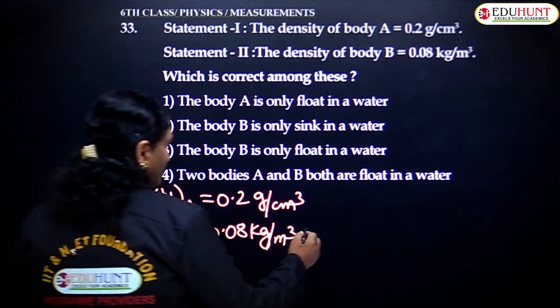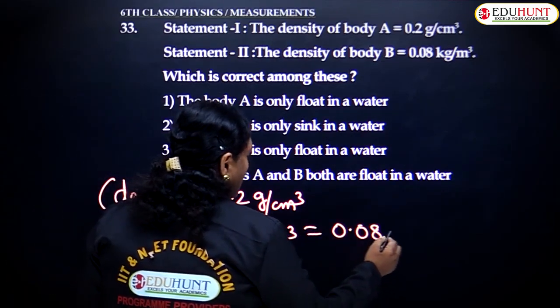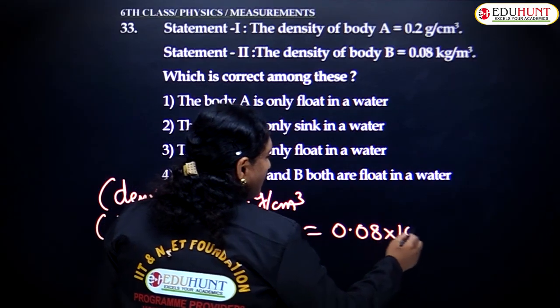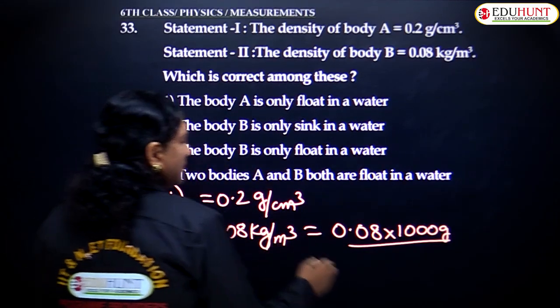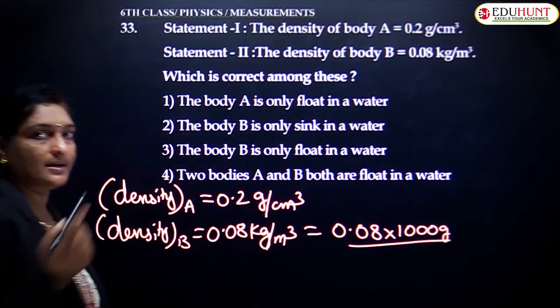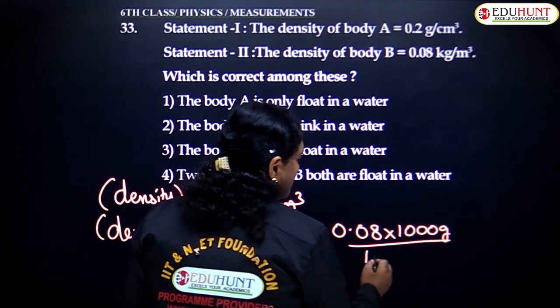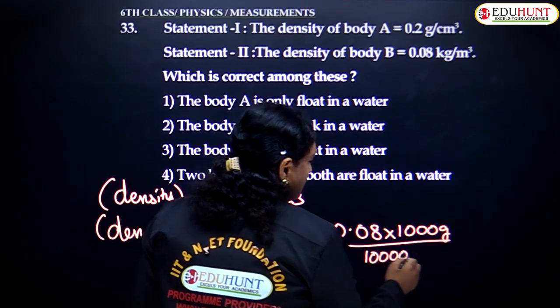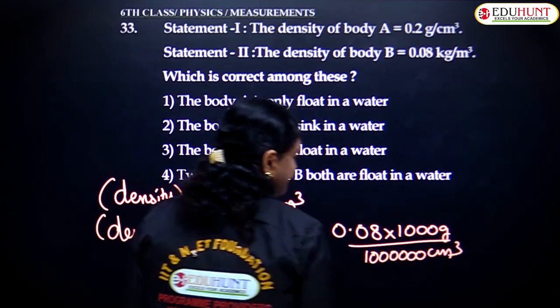So, again, what we'll do? 0.08 kg means 80 grams upon meter cube. 1 meter is 100 centimeters, so meter cube means 100 into 100 into 100, 6 zeros, centimeter cube.